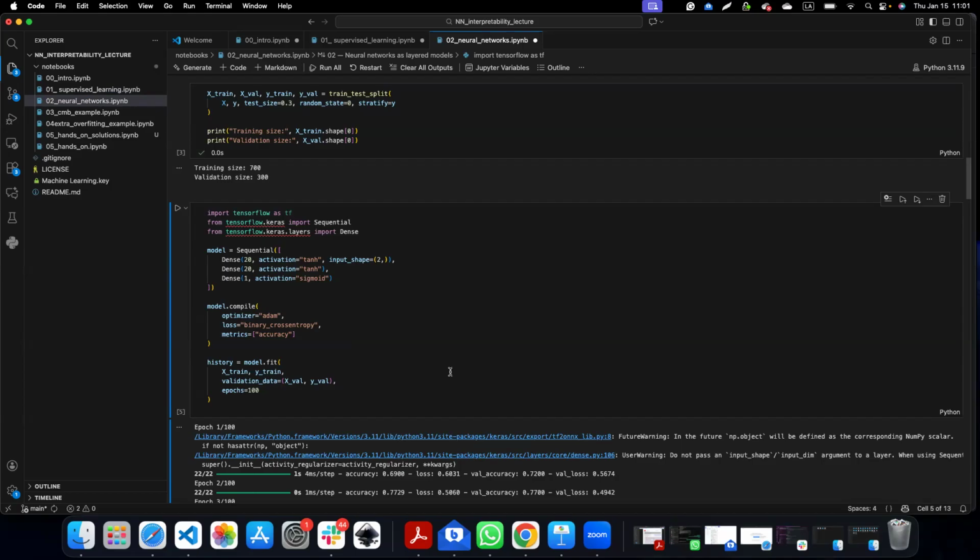So from TensorFlow, you can import Sequential, where you can explicitly say how many layers you want and how many neurons you want in each one of the layers. And then Dense is going to be a layer.